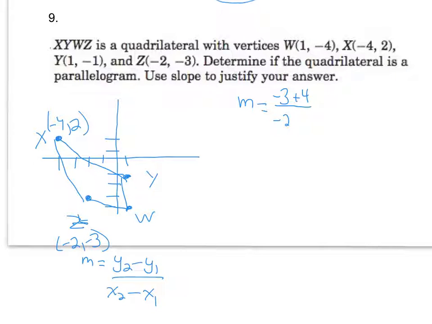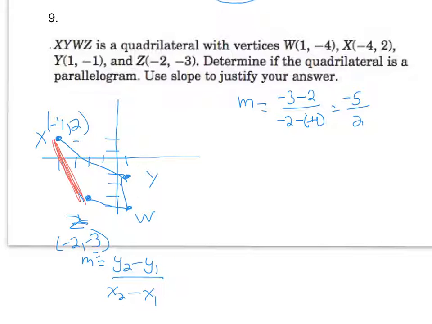Oh, I did that wrong. Let's try that again. We're subtracting the y's, so negative 3 minus 2 over negative 2 minus negative 4, which becomes plus 4. So this is negative 5 over positive 2. That is the slope of this line.